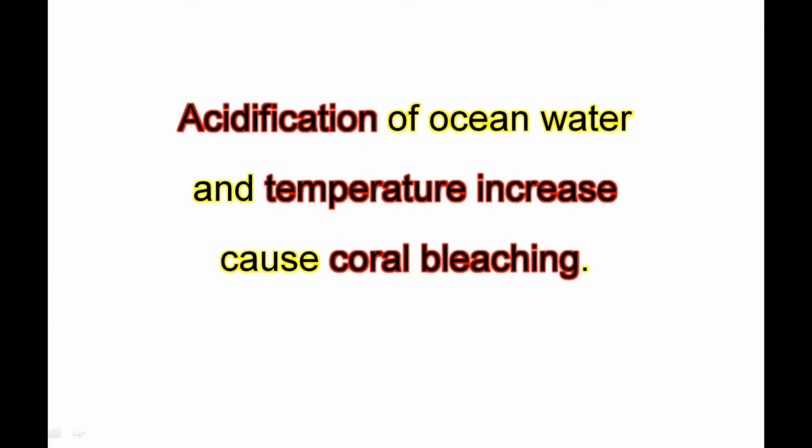And this is what is happening at this time. The corals are gradually dying off. Unless we prevent the pH of the ocean from becoming even more acidic and the water temperature from becoming even warmer, we may eventually lose all the corals on the planet.